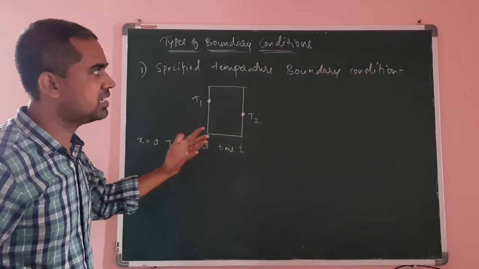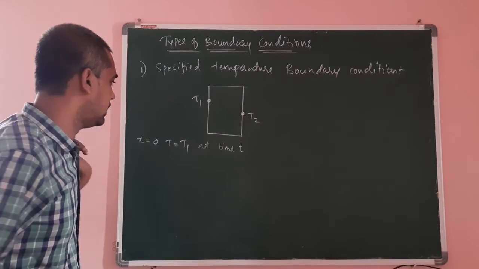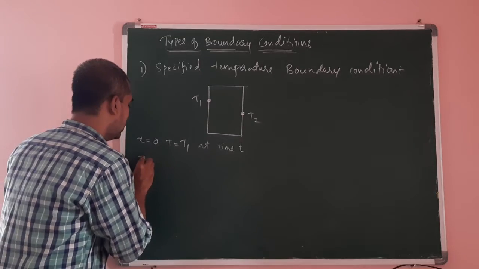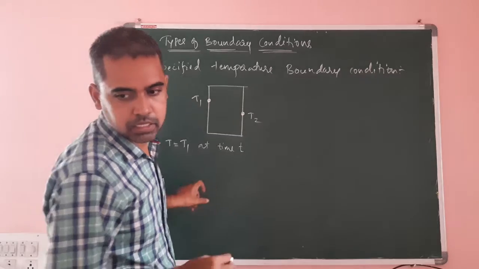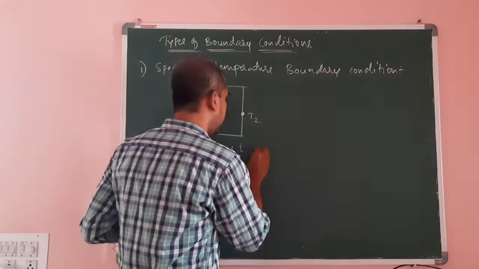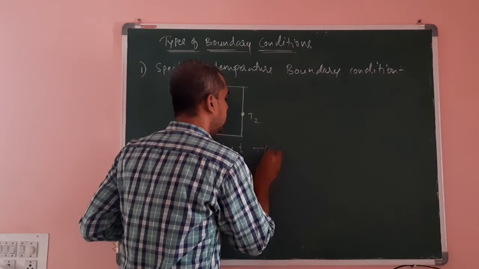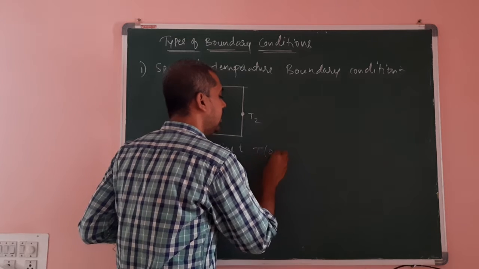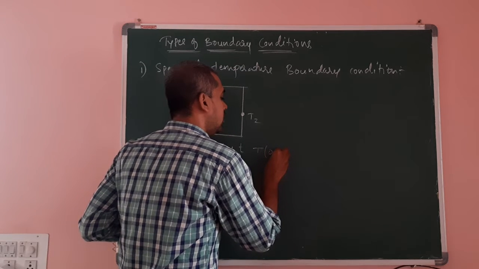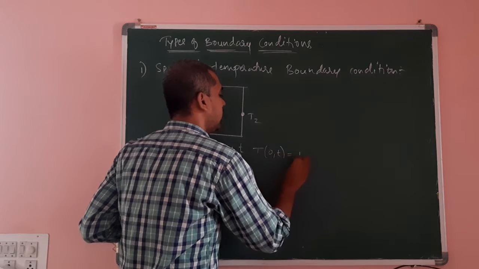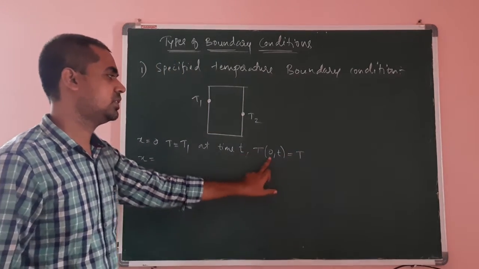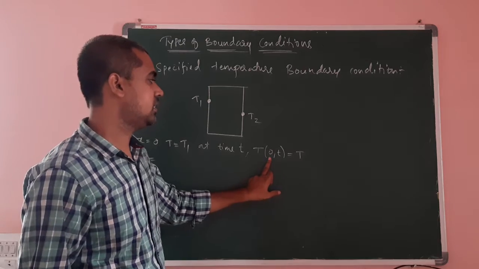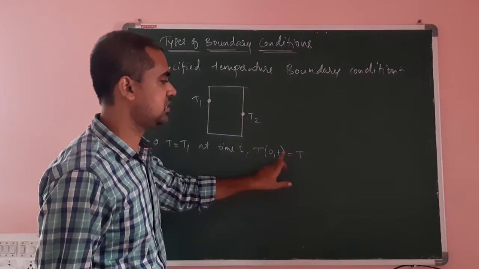With time, if it is an unsteady state, the temperature will change. So we write T of 0 comma t is equal to T1. The first term represents the distance, the second represents the time.